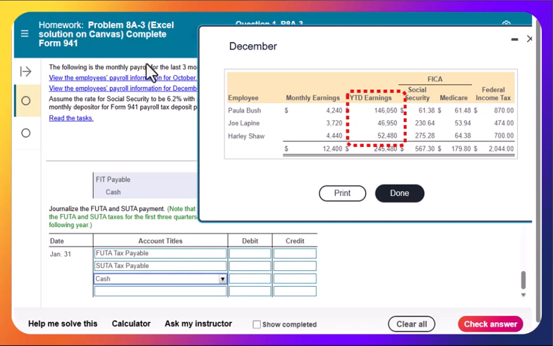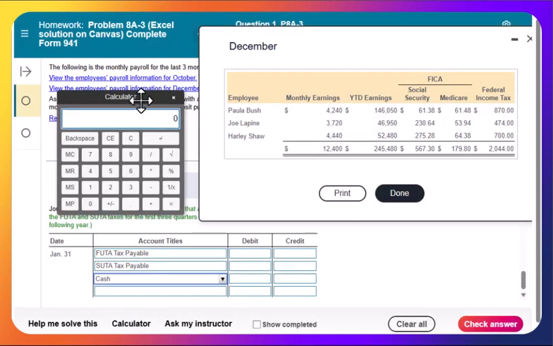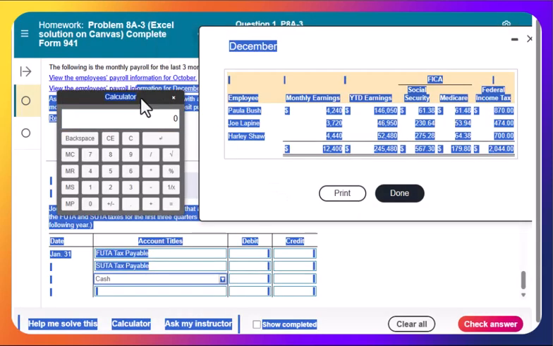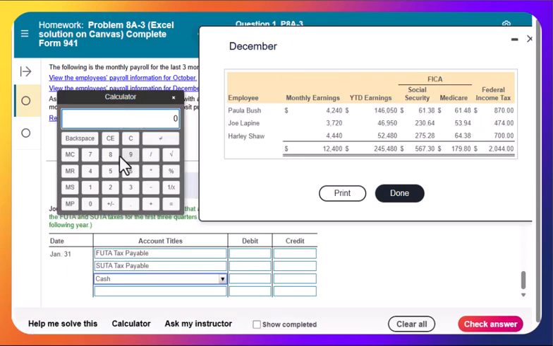So then we can go ahead and pop open our calculator here to see what that taxable wage base is going to be for the total. So that's going to be 7,000 for each of these employees. So we'll multiply that by 3 since we have 3 employees here for 21,000, and then we'll go ahead and grab that rate again.